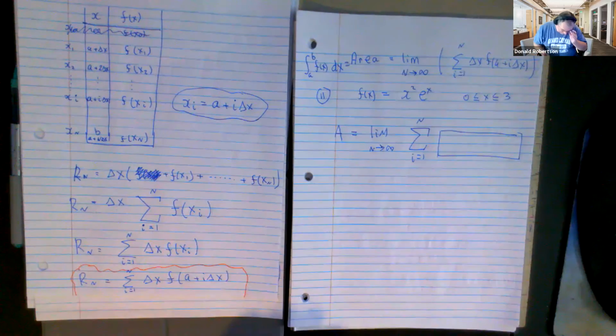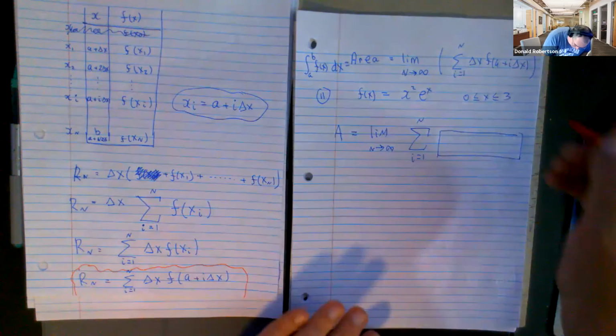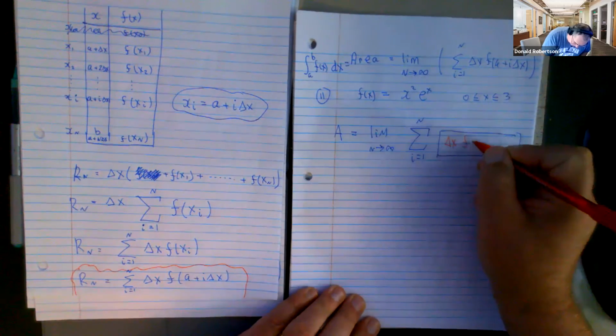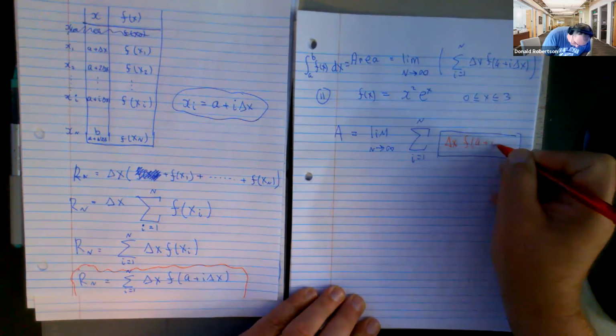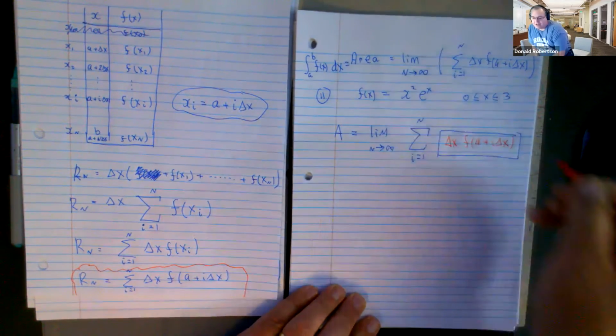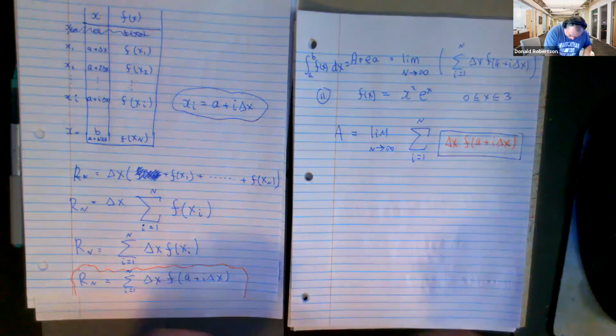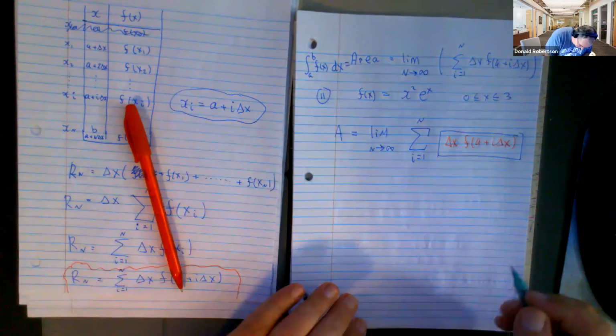So you might think, from what I've done, that you would just say delta x, f of a plus i delta x every single time, and that would be it. Well, nope, they want a little bit more than that. So here are some of the things I'm going to have to calculate.